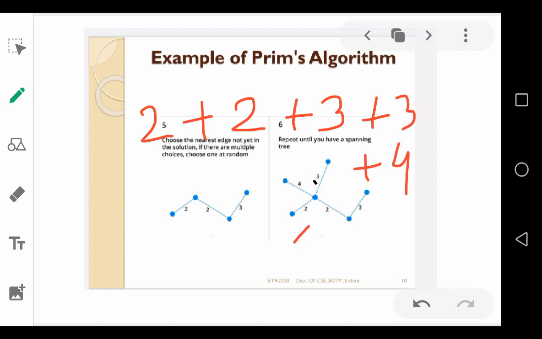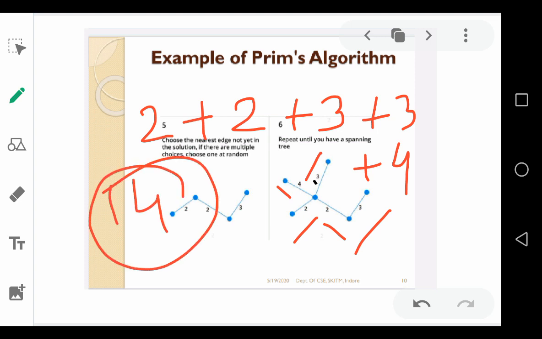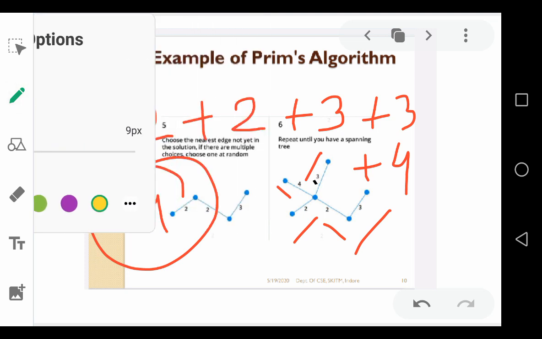So this is the total weight of the graph, and it is the minimum. The total weight here is 14. So here we got the minimum spanning tree.